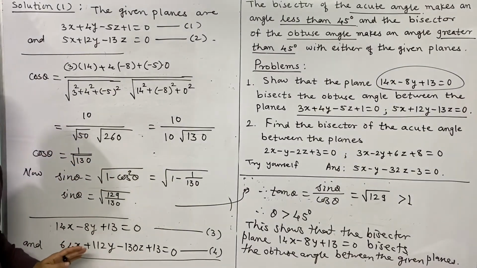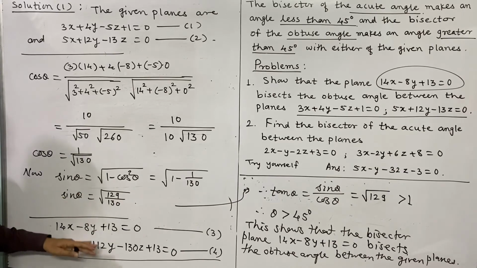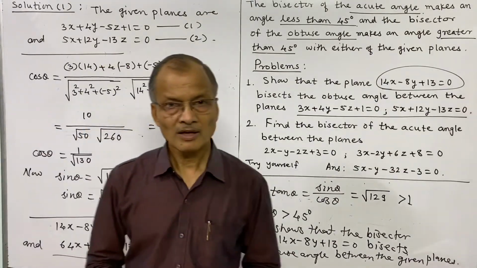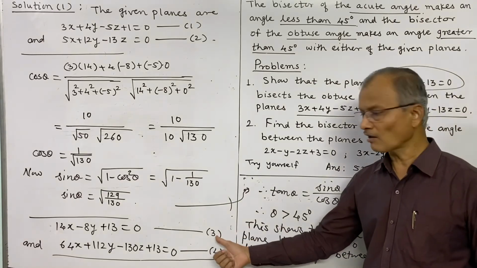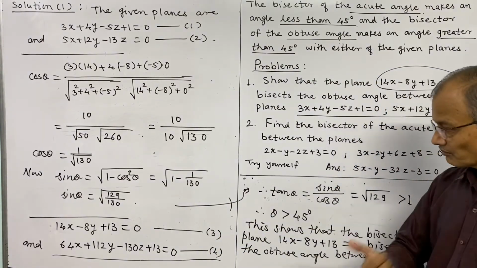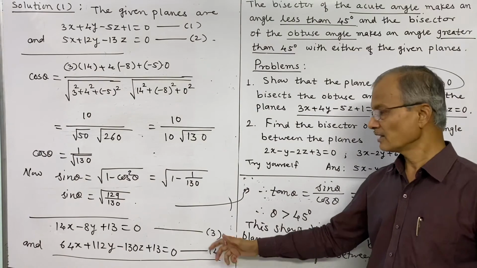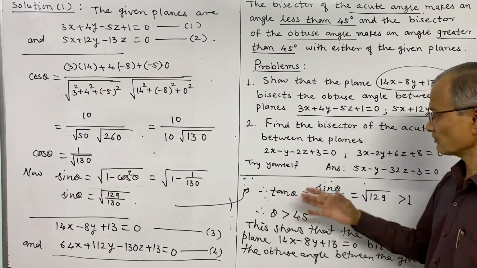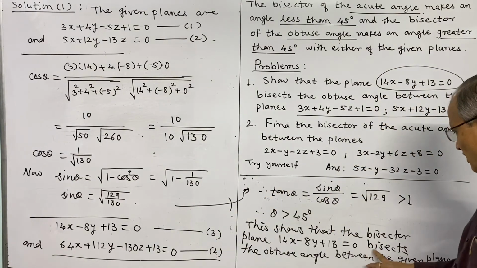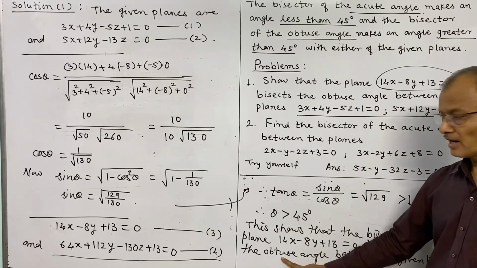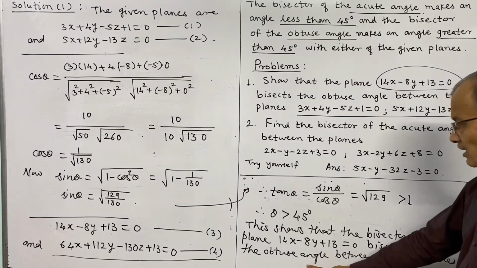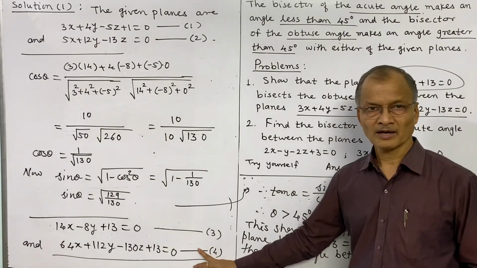So no separate calculation is to be done for the remaining plane. You can take the third or the fourth, one bisector plane, and that will give one result. Here we have obtained that it bisects the obtuse angle, and if the third plane bisects the obtuse angle, the fourth will bisect the acute angle.